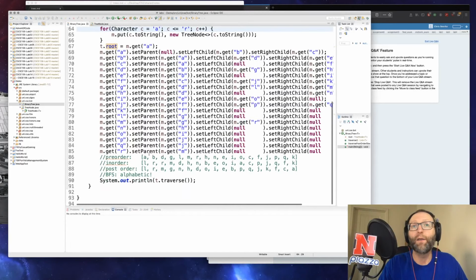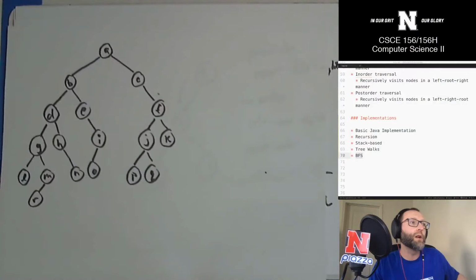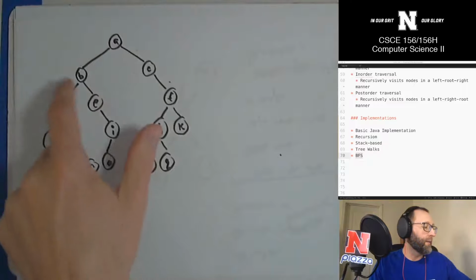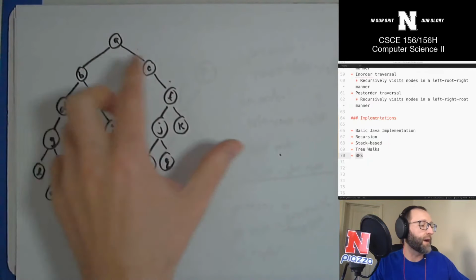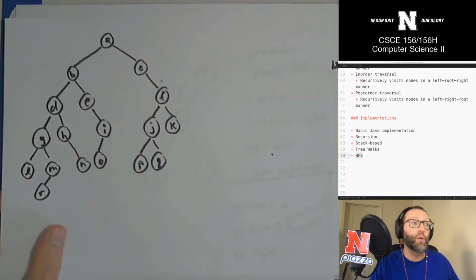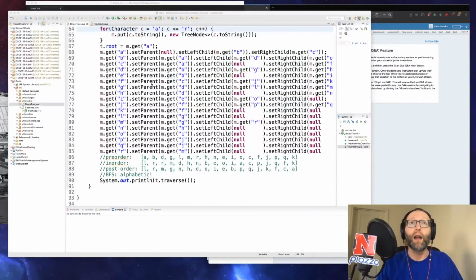I noted the preorder, inorder, and postorder traversals. This is the tree I started out with. I built it programmatically so that B and C are the left child and right child of A. A has no parent, etc. The one we practiced on last week, these are going to be the solutions. I built this tree using the same topology so that we would have something to work with.